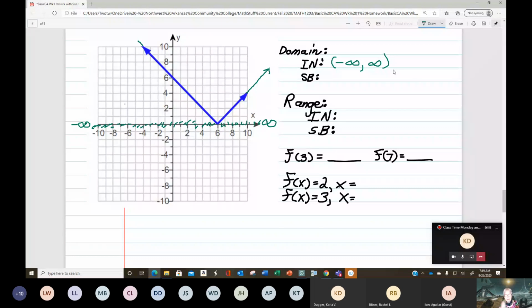Okay, so there we have interval notation. Now, set builder notation. I'm going to show you what it really looks like, and then I'm going to show you what my math lab wants. The way it's really written in set builder notation is all x such that x is an element of the real number system, which is what our number system is called. You don't have to do that.